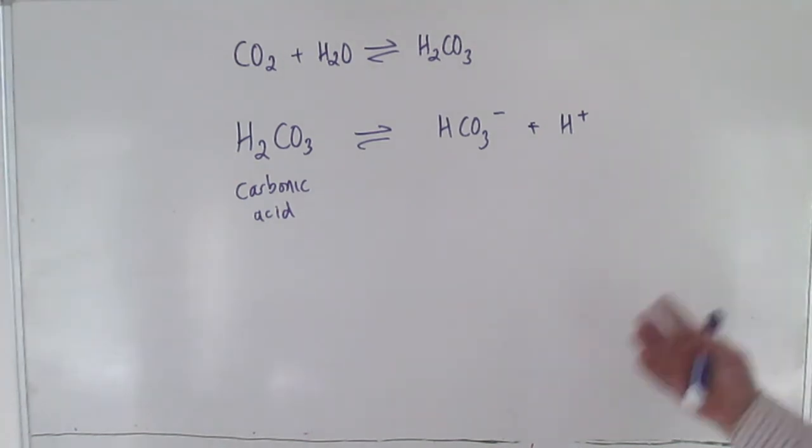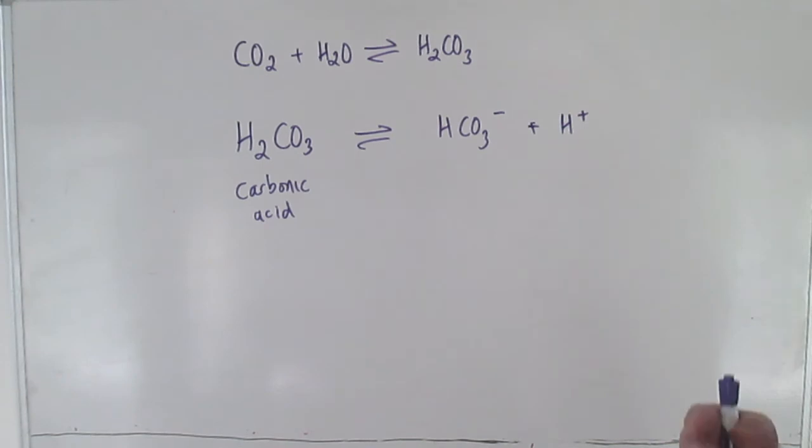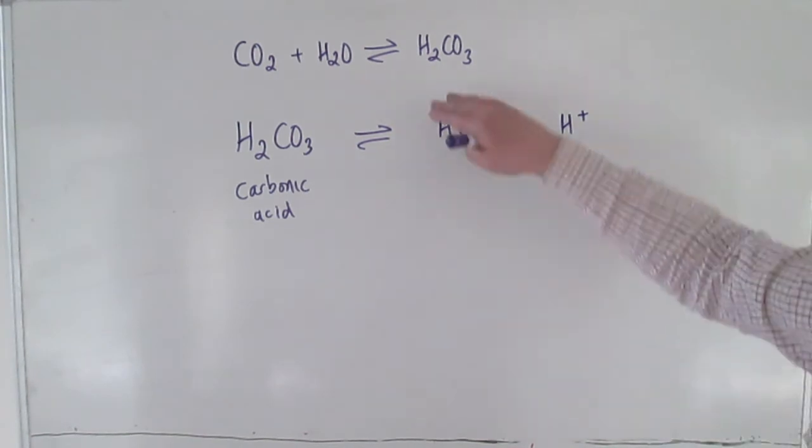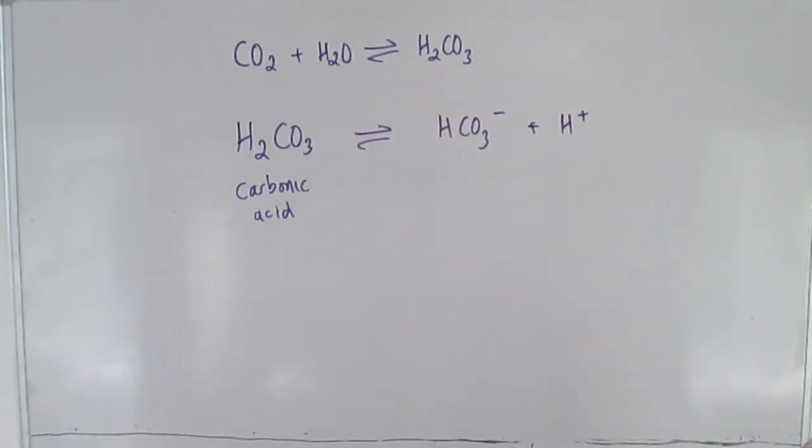Well, there's a balance between the rate at which CO2 is produced by respiration and the rate at which you breathe it out, which means that the concentration of CO2 in the blood stays reasonably constant, and therefore the concentration of H2CO3 also stays reasonably constant.